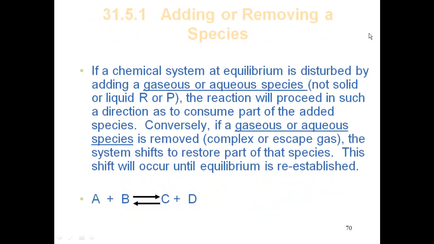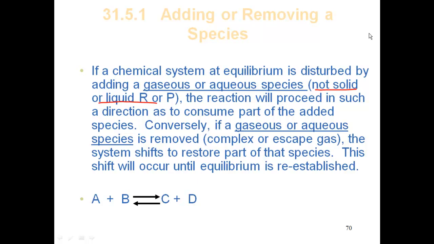Let's talk about removing and adding products or reactants to the reaction. If a chemical system at equilibrium is disturbed by adding a gaseous or aqueous species, recall that solids and liquids are not part of the equilibrium expression, the reaction will proceed in such a direction as to consume part of the added species.